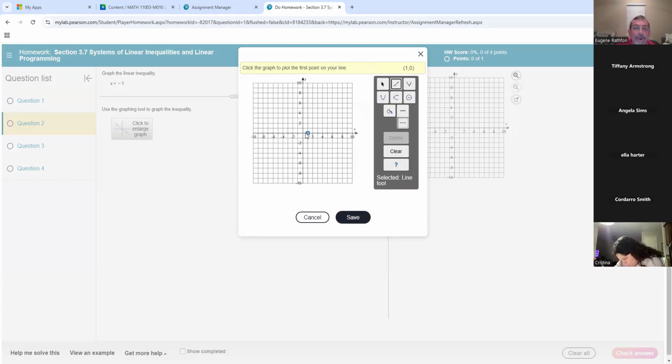And I had -1, 1. And then I had -1, 2. All right, y'all, so got my line. And then y'all said shade to the left. So I'm going to grab my paint can and bring it to the left side. Every x value that I shaded will be less than -1.